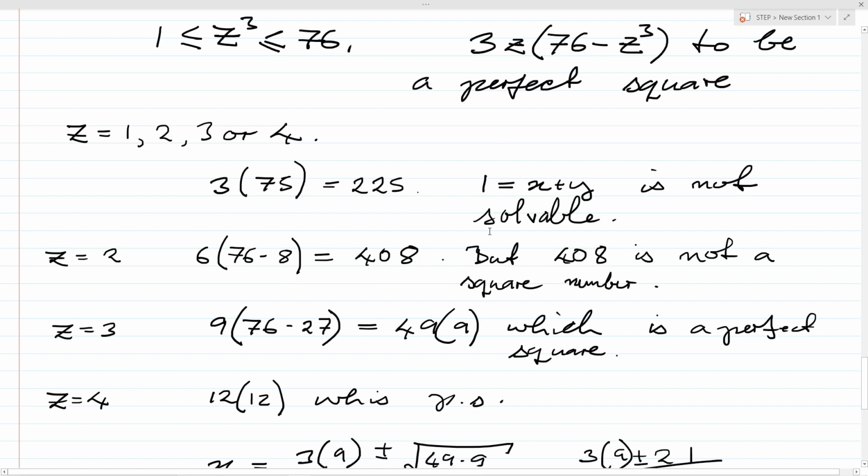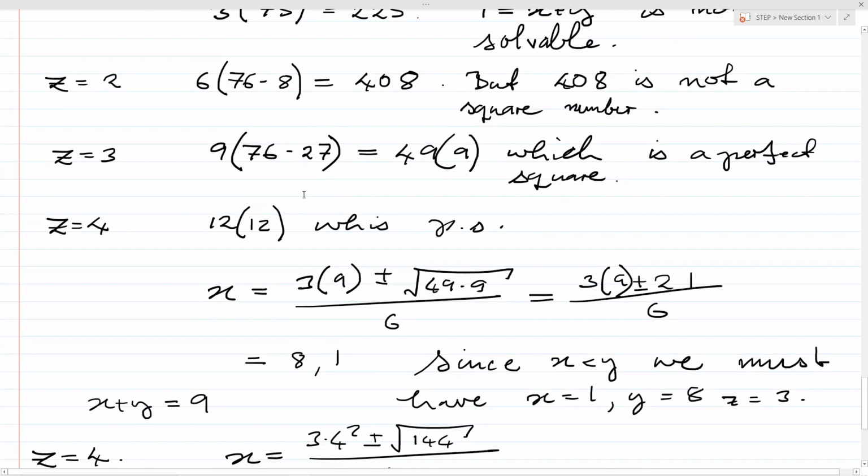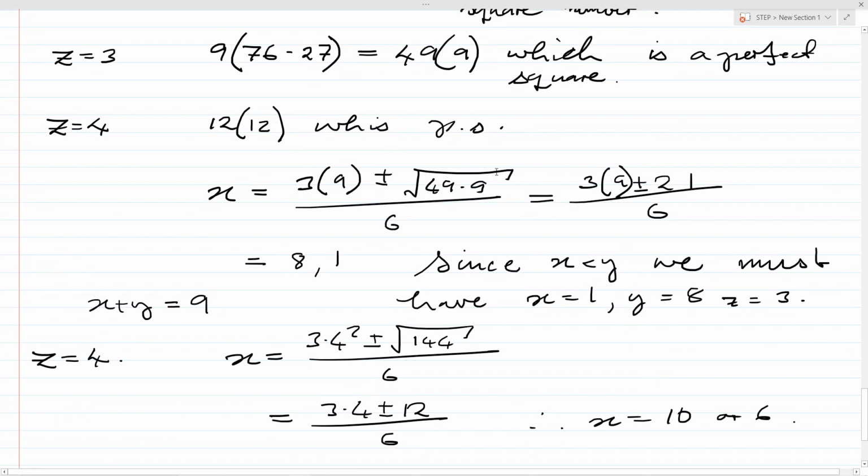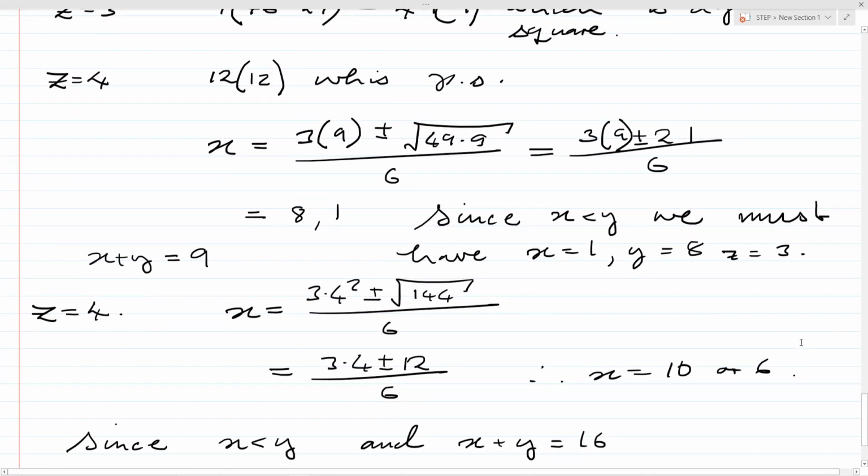But also, some more conditions on this first one, x plus y equals 1, which was not solvable, so therefore no solutions for that one. Then no solutions for this one, so that's not a square number. But then these ones correspond to two square numbers. So we have exactly two solutions, x equals 6, y equals 10, and z equals 4. And the other one was x equals 1, y equals 8, and z equals 3.